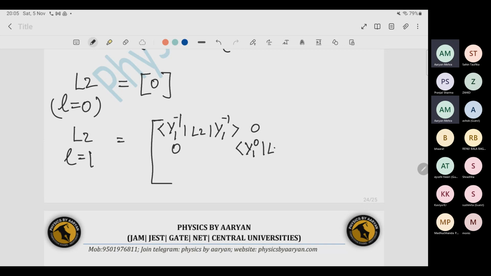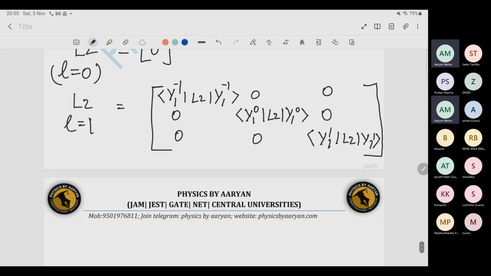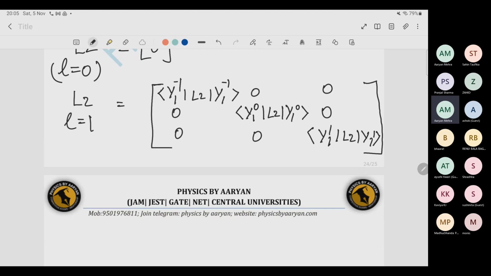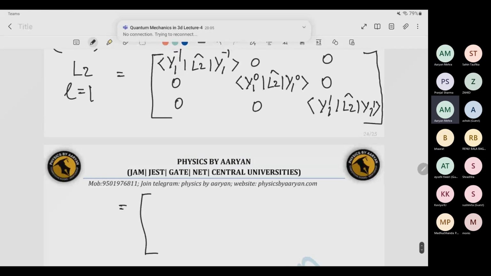Y_1,0 Lz Y. Is it correct to write like this? Yes, sir. So what do you think will be the first element?